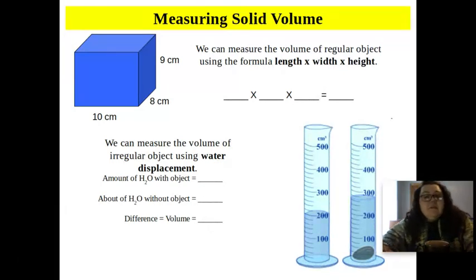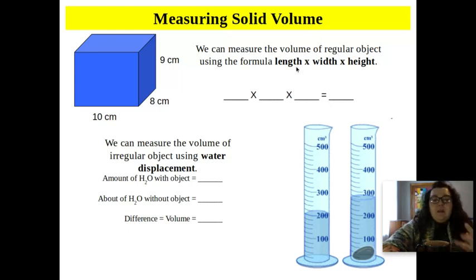But if we're dealing with a regular shaped object with straight edges, we can just do a little bit of math. So to measure the volume of a regular object, you're going to do length times width times height. So that'd be 10 times 8, which is 80, and then that number times 9. So 10 times 8 times 9. I'm going to do 9 times 8 because you can do your fingers.